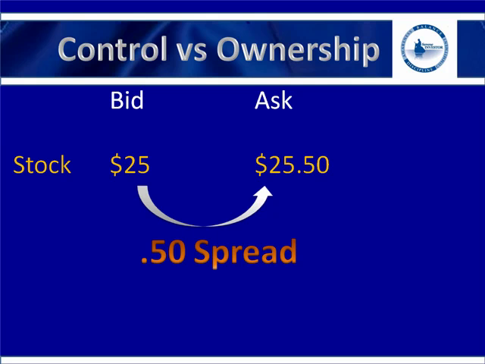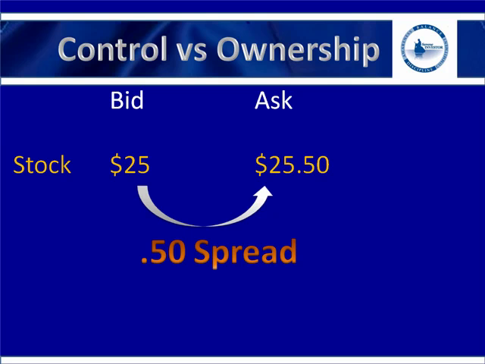The tighter, the better. And by the way, the more tight the spread, the more liquid the stock or the option. So keep in mind, if stocks are not as liquid, they're going to have bigger spreads, or the market maker's not going to take as much risk. They're going to pass that on to you. Okay, so keep that in mind. Tighter the spreads, the better. Bigger the spreads, the less liquid.